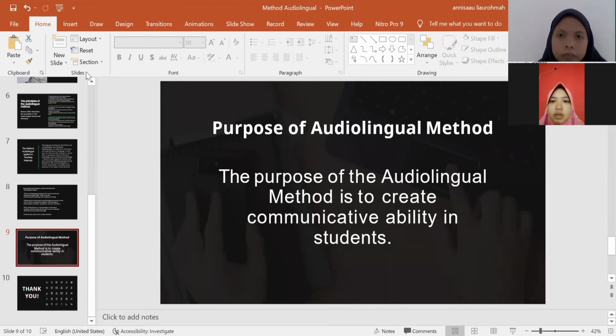So, the purpose of the audiolingual method is to create communicative ability in students. The idea is that a more effective way to do this is learning continuously through overlearning.